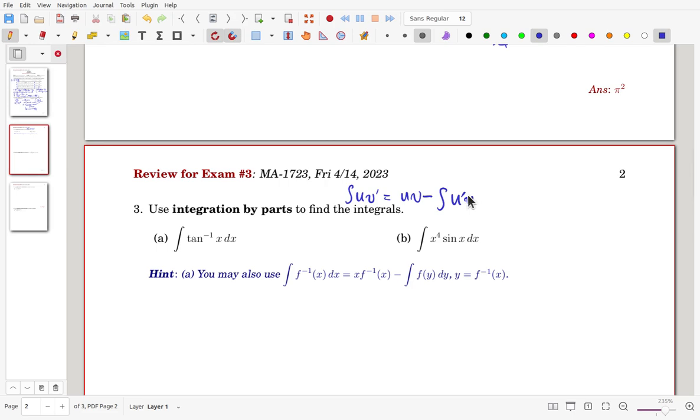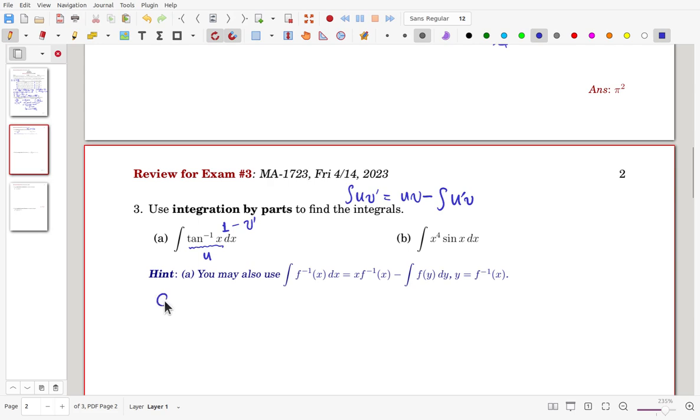That is integration by parts. So here, the derivative of arctangent is easily gotten, so that must be the u portion. Another can be the number one, so the number one can be considered as v prime.